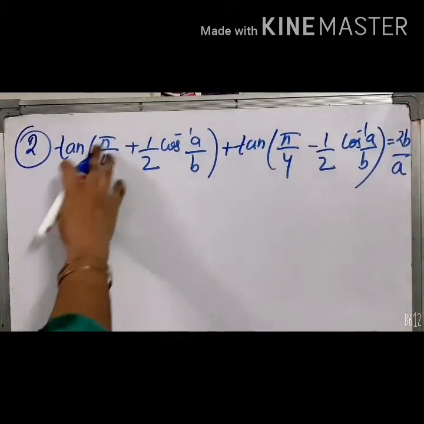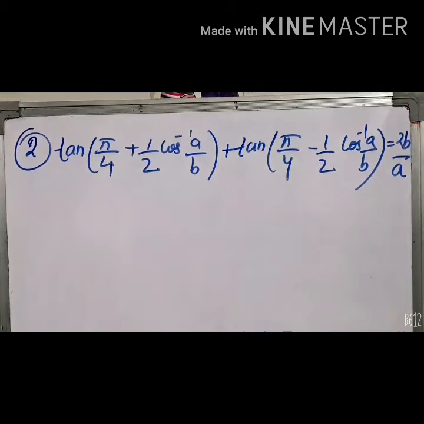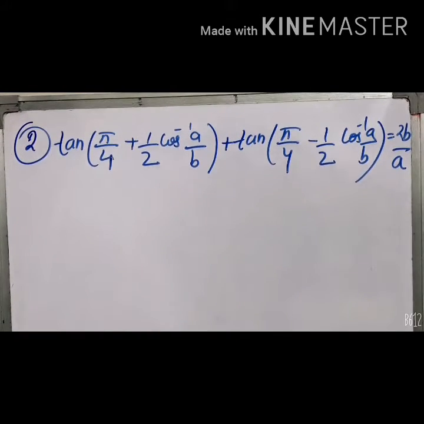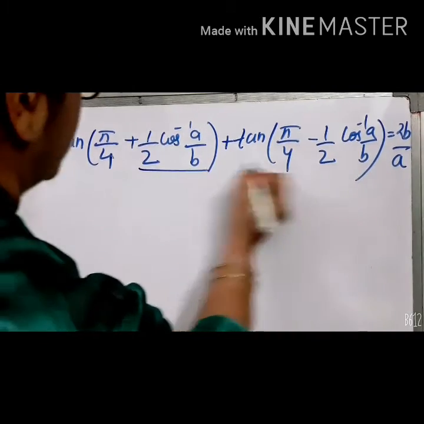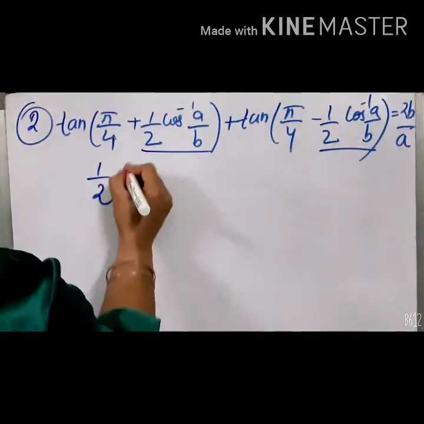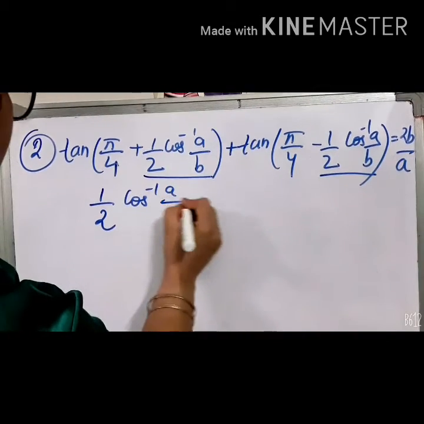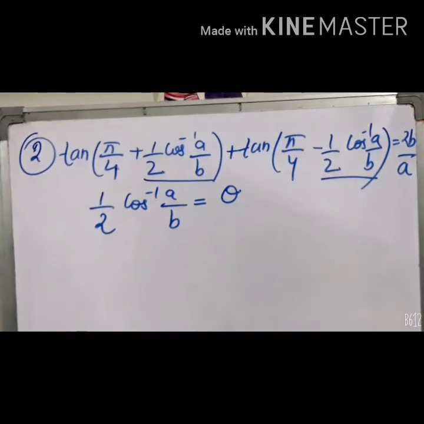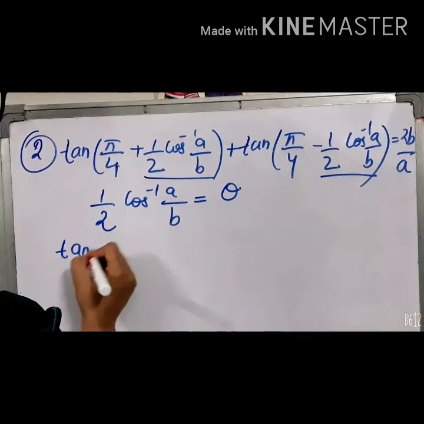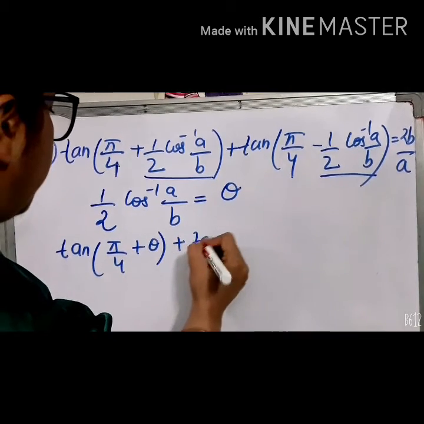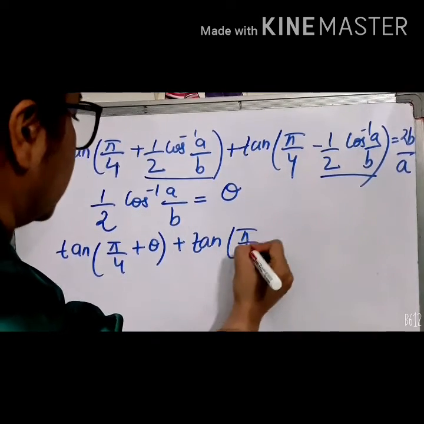Second question is tan of pi by 4 plus half cos inverse a by b plus tan of pi by 4 minus half cos inverse a by b is equal to 2b by a. Now what we will do, we will substitute the value. Half cos inverse of a by b, let it be equal to theta. Now it becomes tan of pi by 4 plus theta plus tan of pi by 4 minus theta.